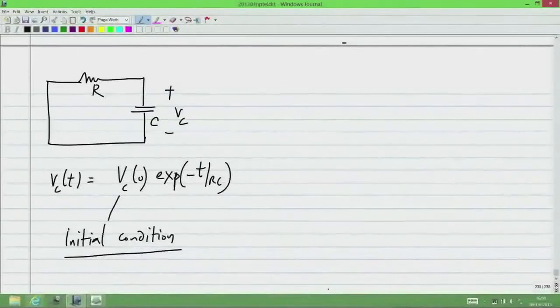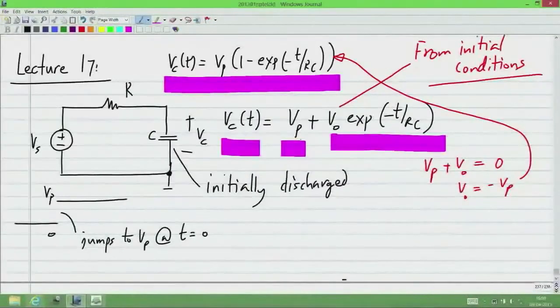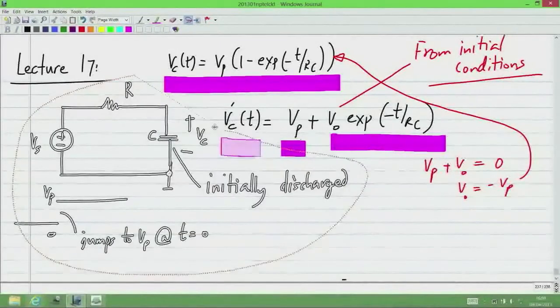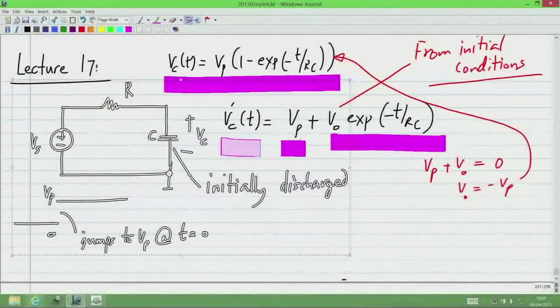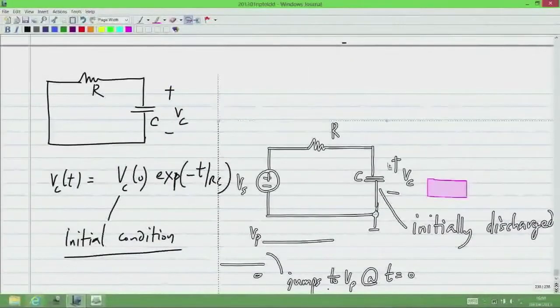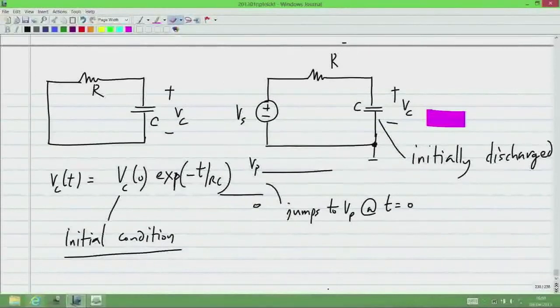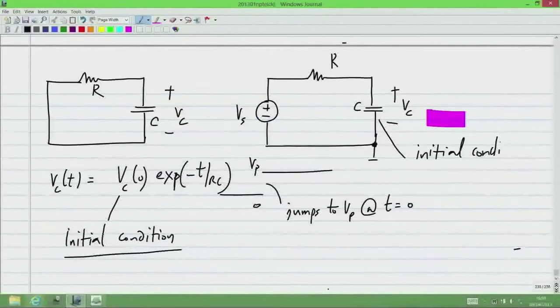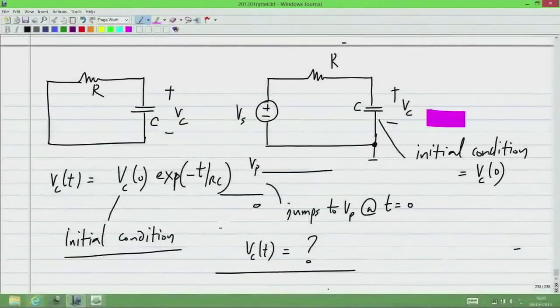So if we combine the two cases, let me say that I have this circuit, and the initial condition equals Vc of 0. So what is the expression for Vc of t in this case? Please try to answer this.